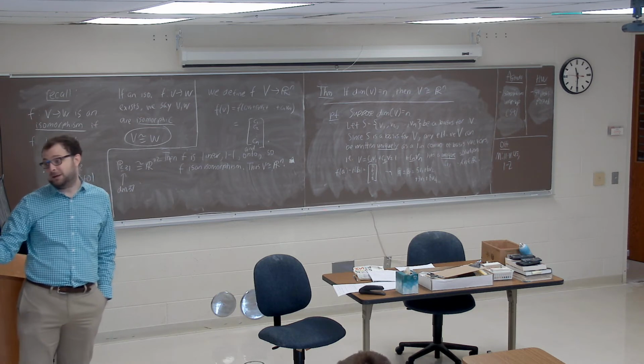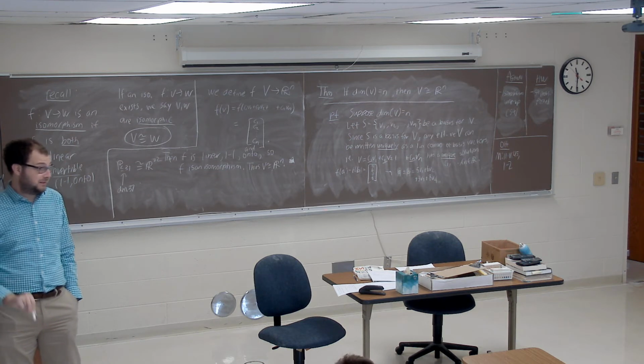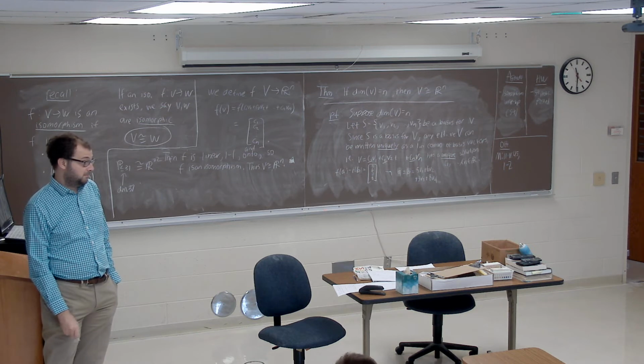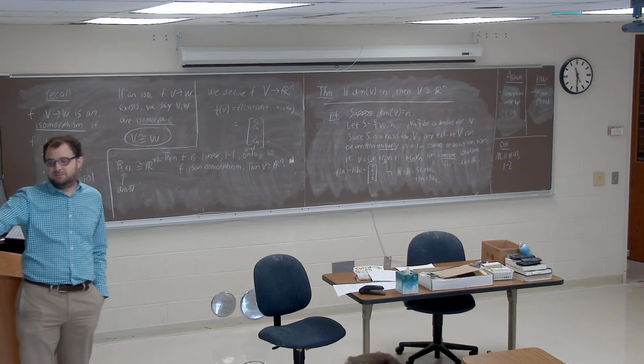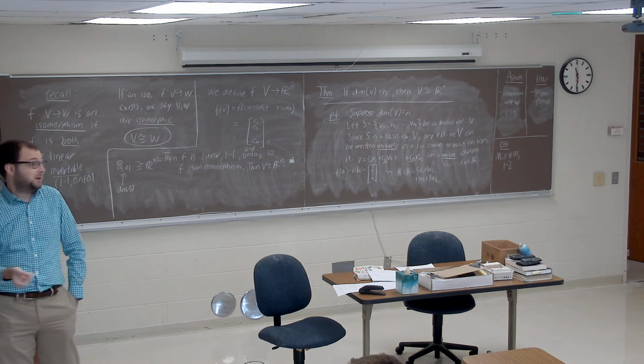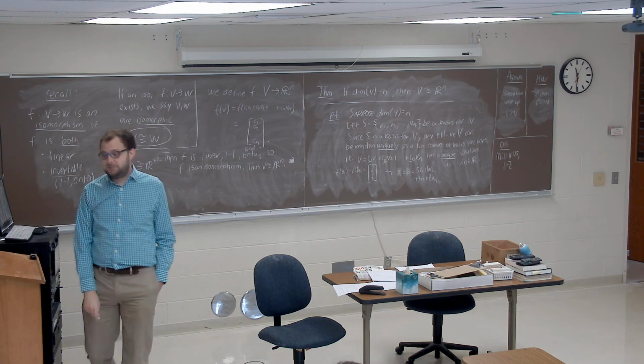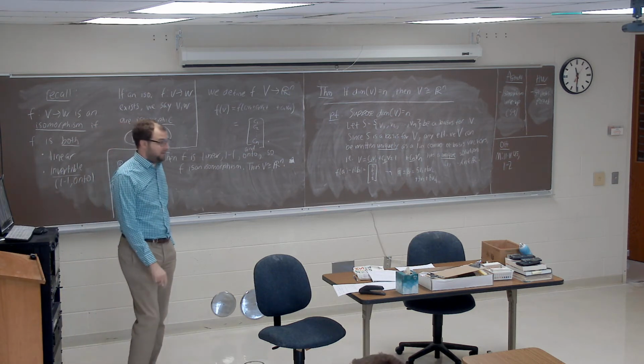So think about it this way. Where do f of v1 and f of v2 live? Do these things live inside of big V or do they live inside of W? W. Yeah, because little v1 is in V, but f of v1 and f of v2 have to be elements in W. So the 0 element in W is going to be equal to f of v1 minus f of v2.